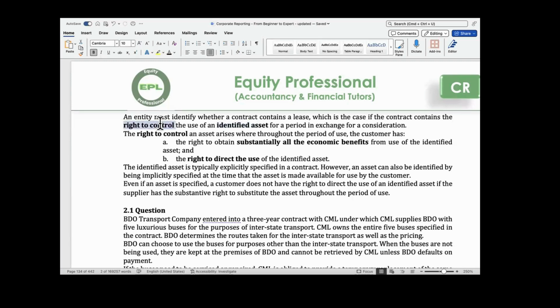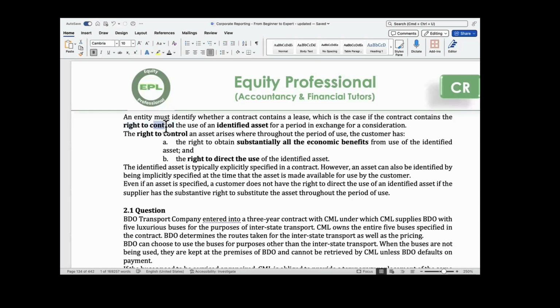And the person that has this right to control must be the person who is not the owner of the asset, must be a tenant, must be a lessee. When a lessee has the right to control an identified asset, there is a lease in that contract.